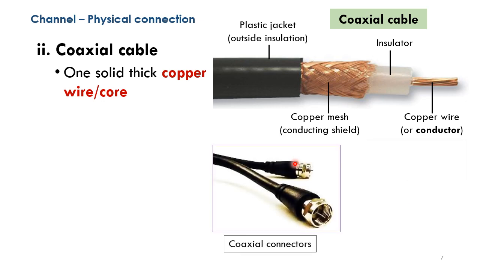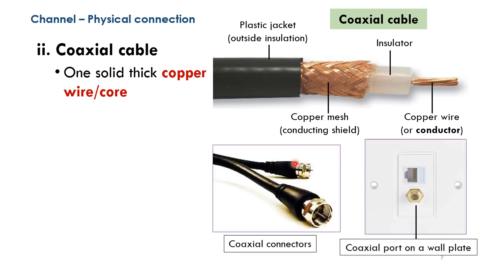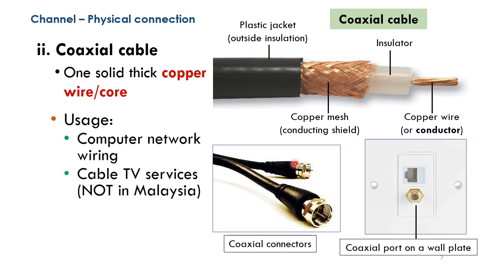Cable TV services are not available in Malaysia. But if you want to compare in terms of the transmission capacity between twisted pair and coaxial cable, coaxial has over 80 times the transmission capacity of twisted pair.